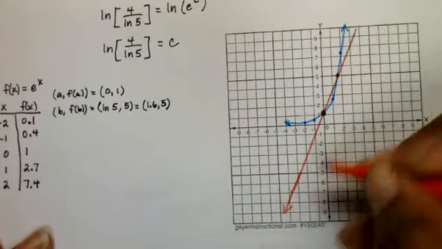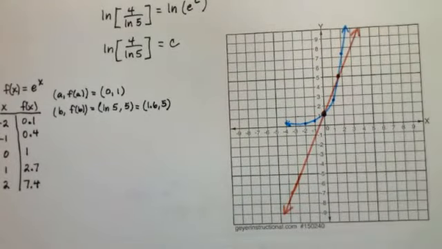Okay, so here you go. That's the graph of the secant line. Now the point P in which the slope of the function equals the slope of the secant line.